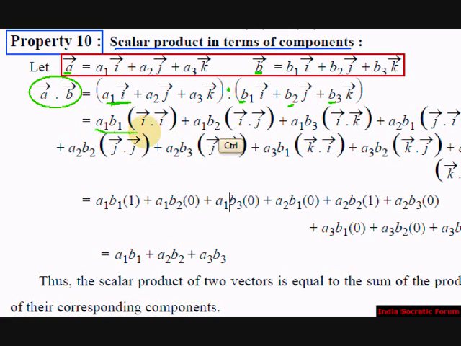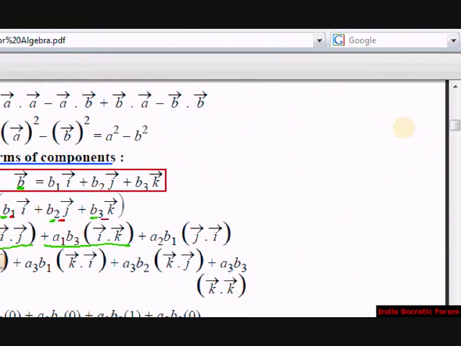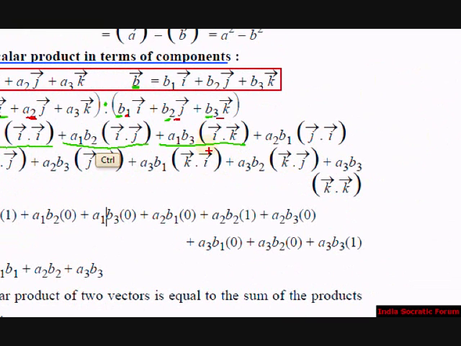So A1 B1 i dot i, A1 B2 i dot j, A1 B3 i dot k. Then let's take A2 and multiply with B1, B2, B3 k. So that's what we get here, A2 j dot B.